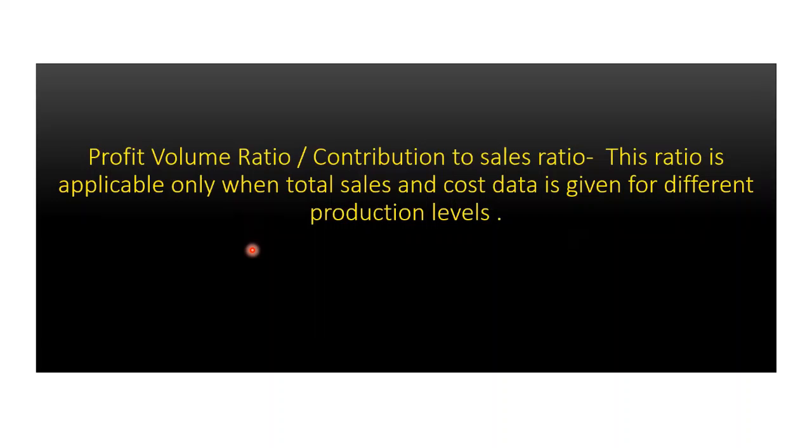Contribution divided by sales is equal to contribution sales ratio. We know fixed plus variable cost is equal to total cost. We know sales minus total cost is equal to profit. So when all these fundamental equations are completely known, we can use these ratios given for different points in time to arrive at any of the missing information.